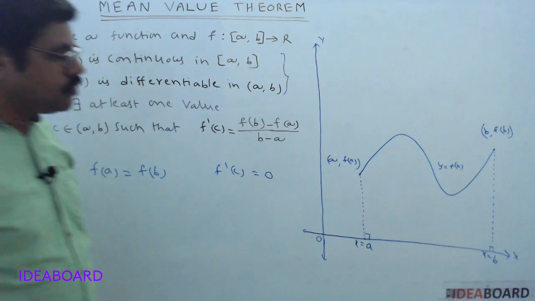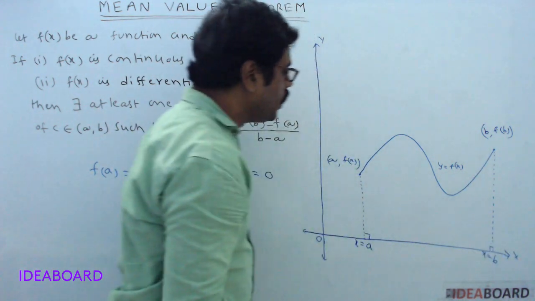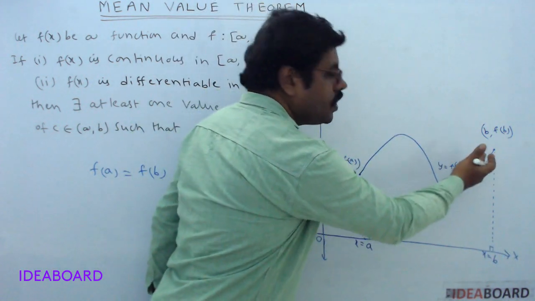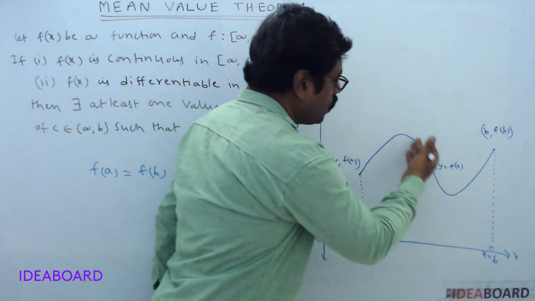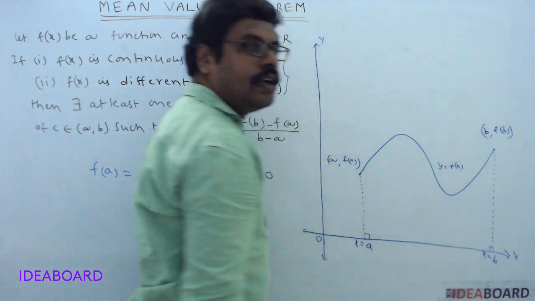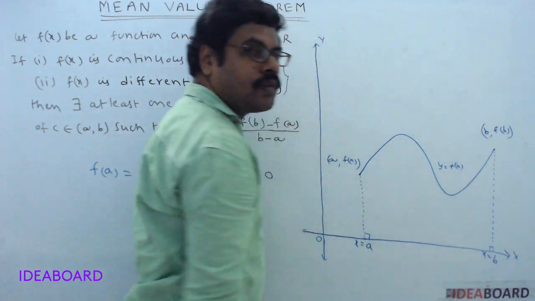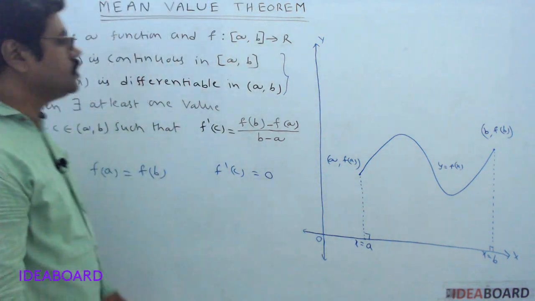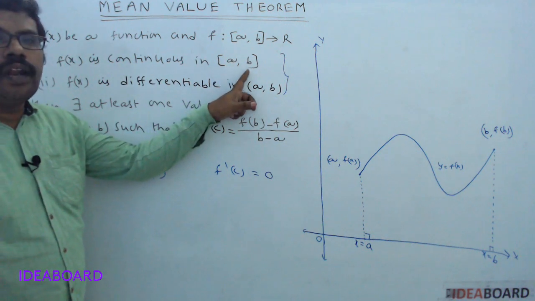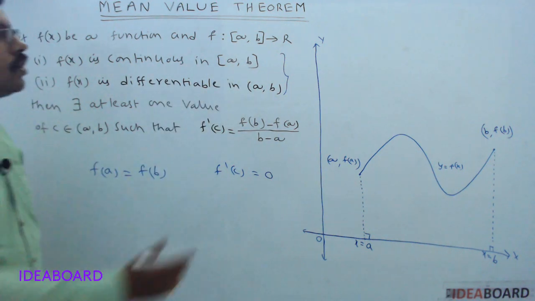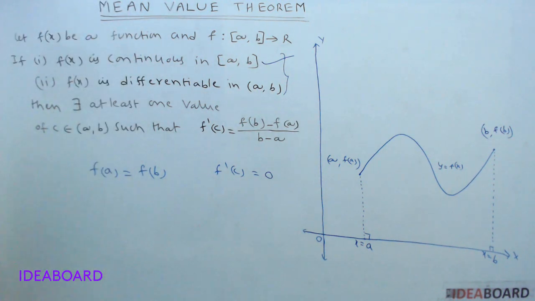Now from the graph, from x equals a to x equals b, there is no gap in the graph of y equals f(x), or no jumps, or no breaks in the graph of the function f(x). It means f(x) is continuous in the closed interval [a, b]. So the first condition is satisfied.